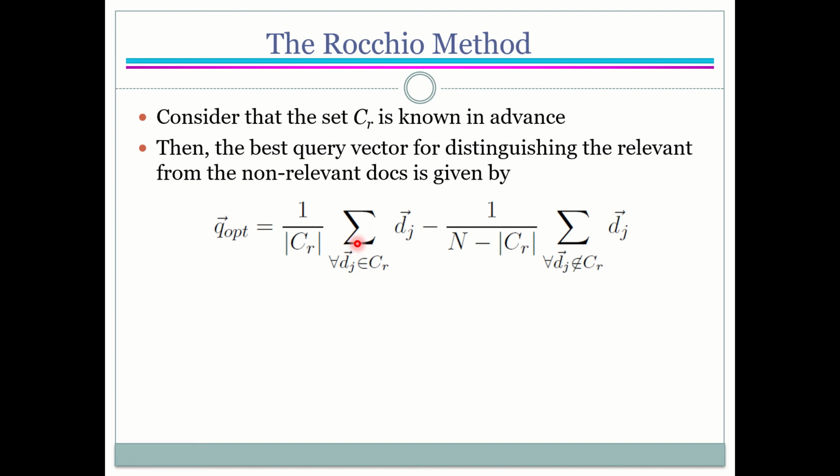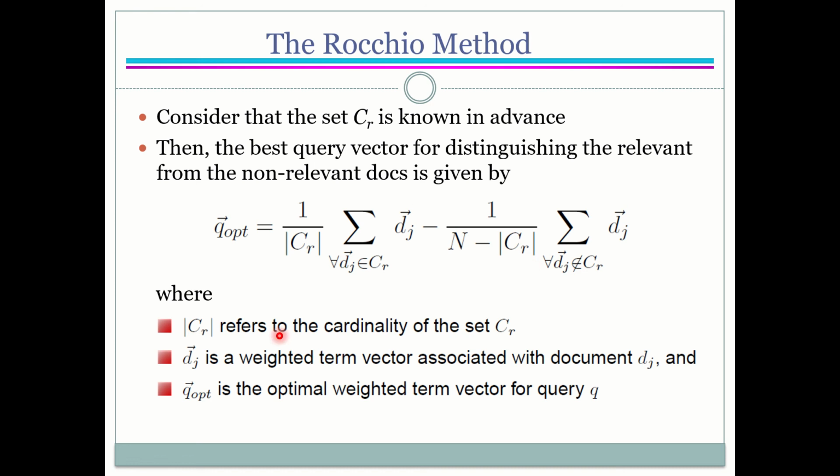So what we want to do here is optimize our query so that it's closer to the relevant documents but away from the non-relevant documents. That's why we have the minus here. And this is the symbol for the magnitude of the set CR, the size. So basically we are taking the average of all the weights that we sum together.